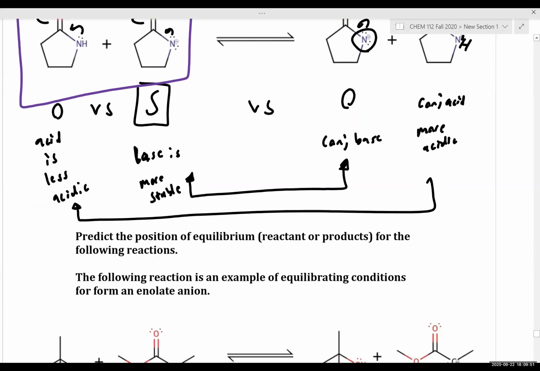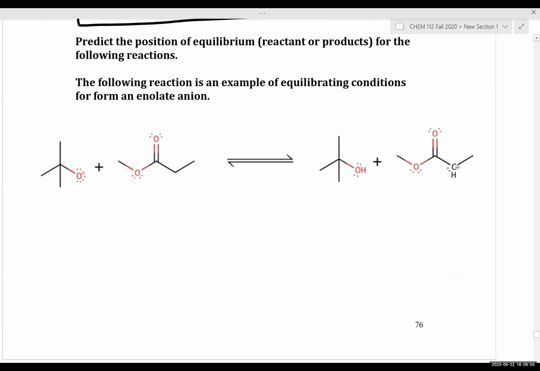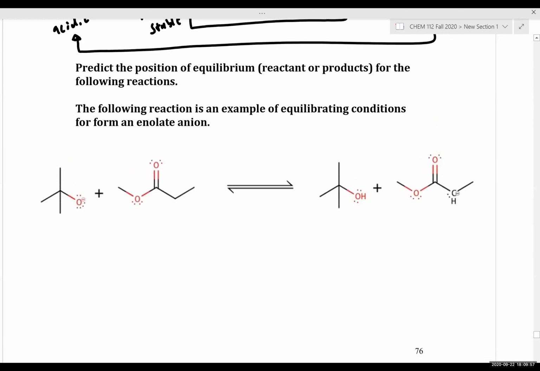Okay, so let's try another example. I'd like you to predict the position of the equilibrium for the following reactions. This is known as your typical equilibrating conditions to form an enolate anion.